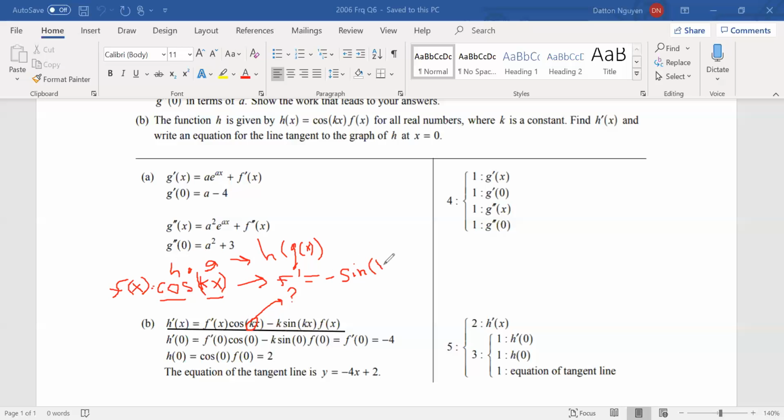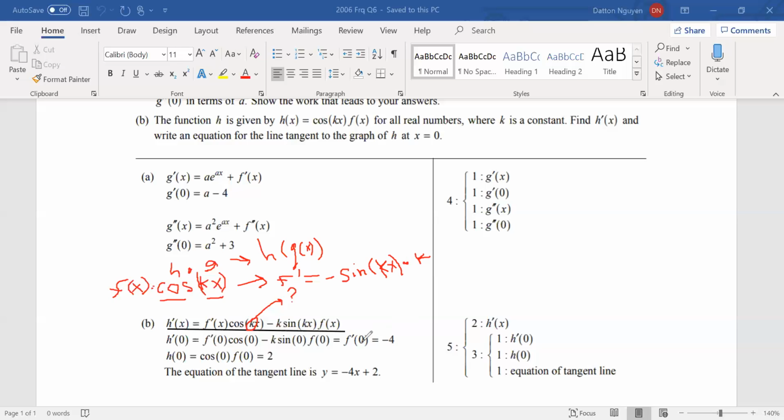The inside function was actually left alone because we took the derivative of the outside first, but then we have to take the derivative of the inside. So multiply by the inside function, which is, if I take the derivative of kx, I'm just going to get k because x is only to the 1 power. So if x is to the 1 power and you take the derivative of that, the 1 comes down, it's now x to the 0 power, and we should know now that x to the 0 power is 1.